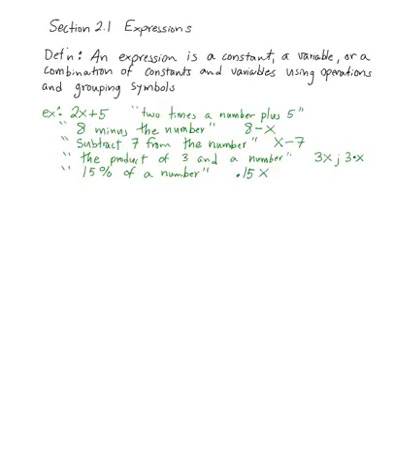Let's do a couple of division ones here. The ratio of a number and 2. Ratio is a word for division. So that would be x over 2. You could write it as x divided by 2. Either one of those would be fine.